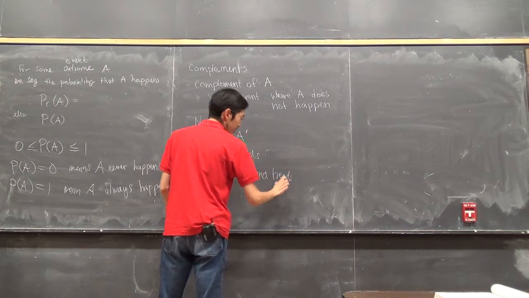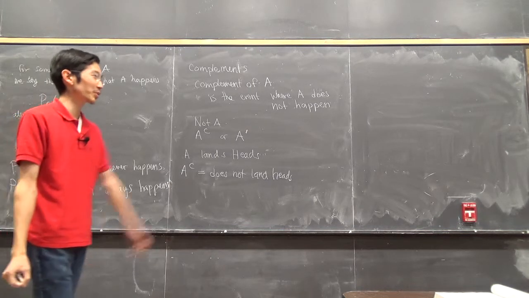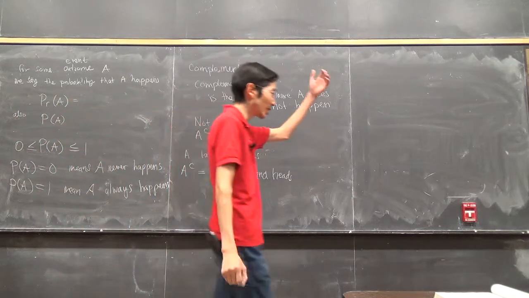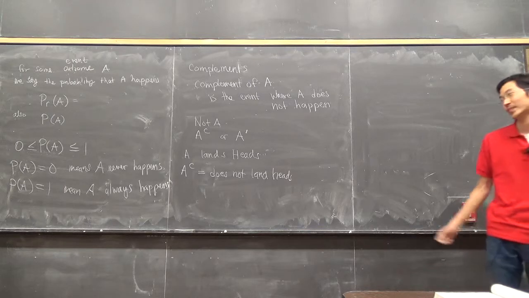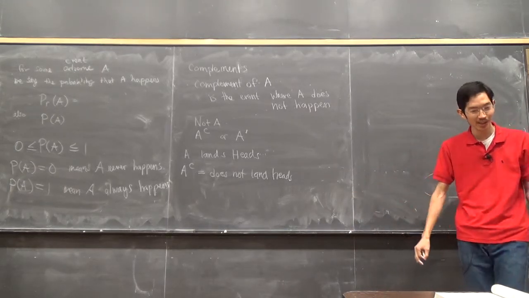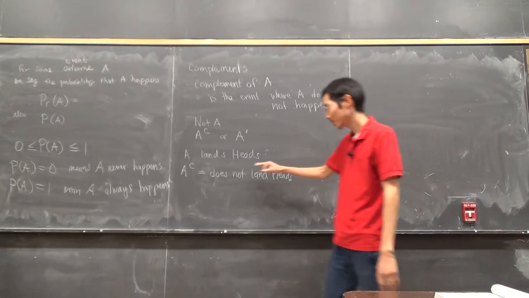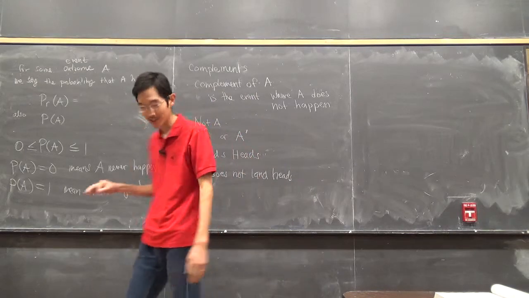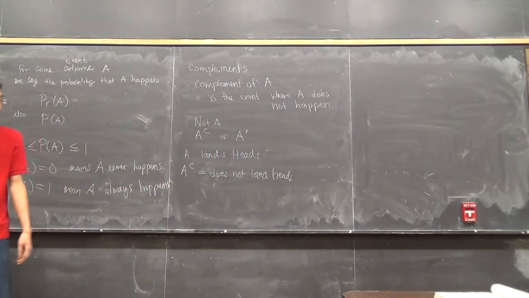In most scenarios, we would say does not land heads means it lands tails, but technically, when I throw it up in the air, an eagle could swoop down and eat it, or it rolls under the table and I can't reach it. Everything else where it does not land heads is included in the complement.